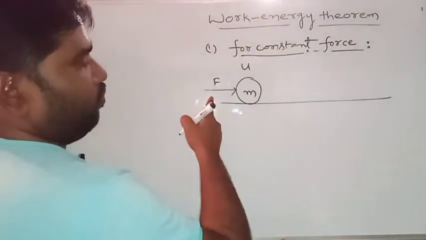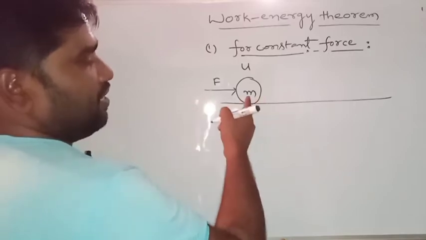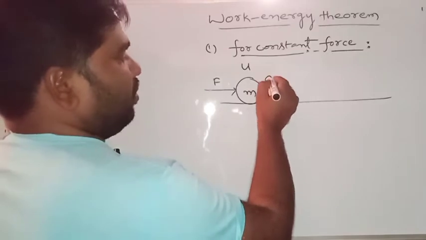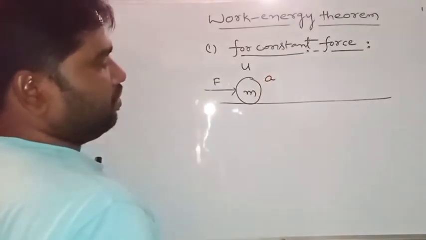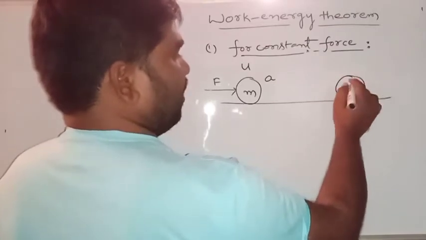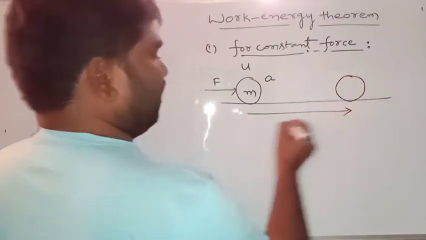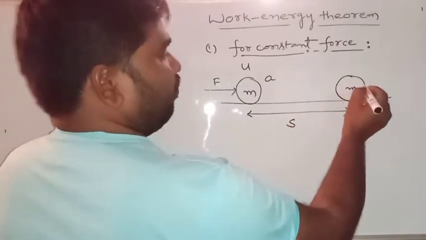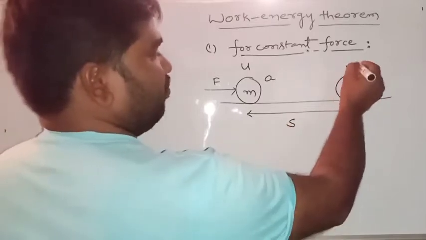Due to this applied force, the mass comes into motion, and acceleration is produced in the object. After some time, it is displaced, assume that displacement is s, and the final velocity is assumed as v.